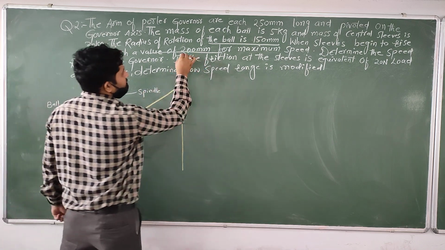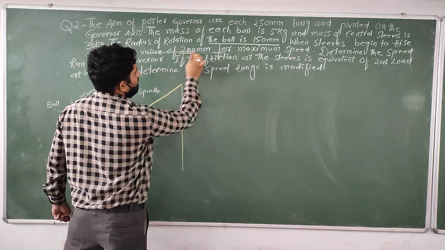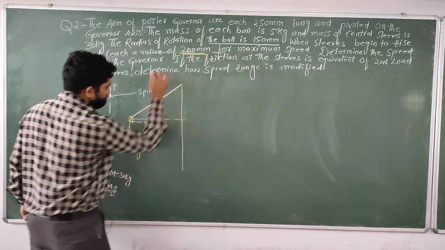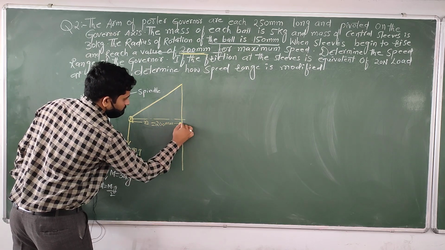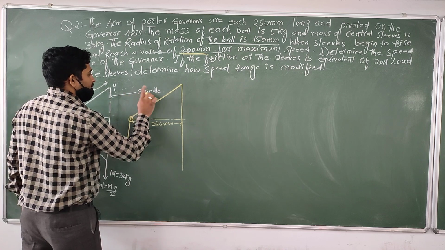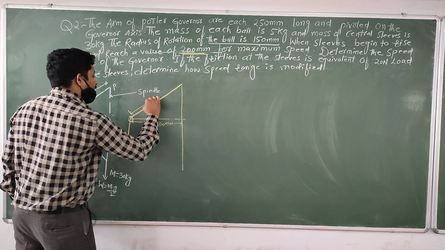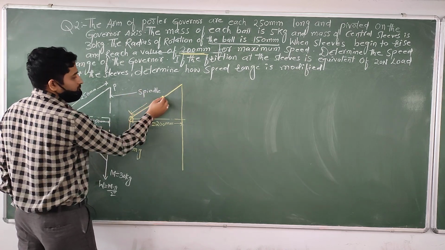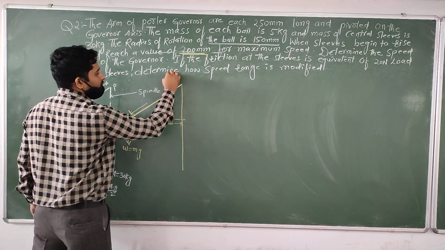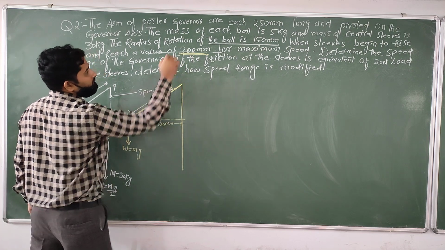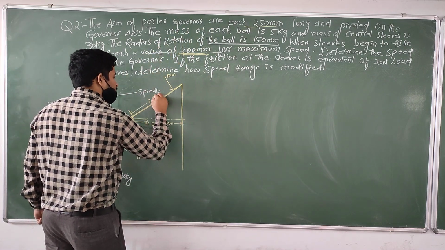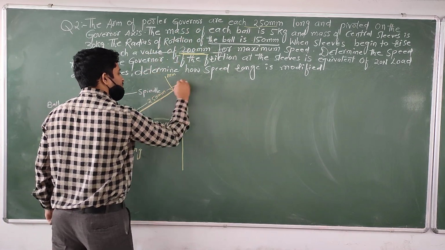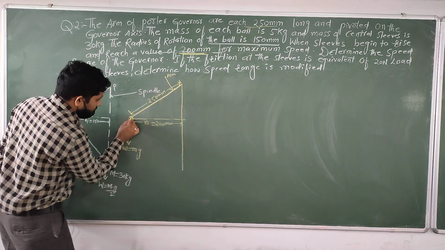It is given as 200 mm. Okay dear? 200 mm. Okay. And then the length of the arm, this is the arm, how much is given? The length of the arm is given as 250 mm long each. Is it right?